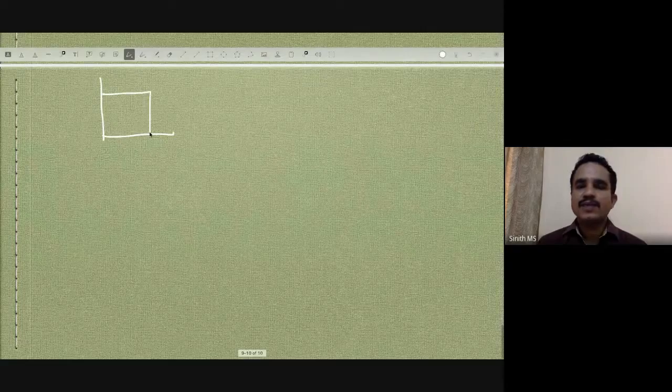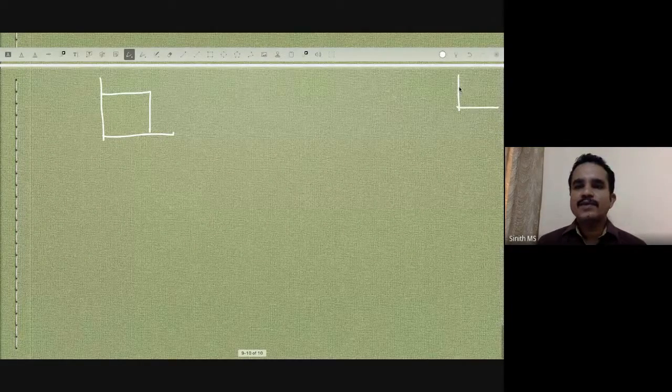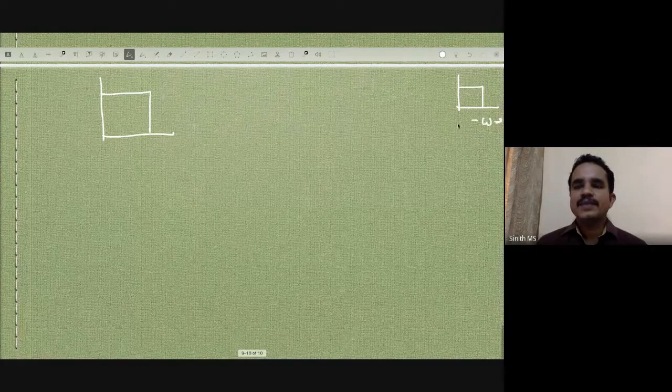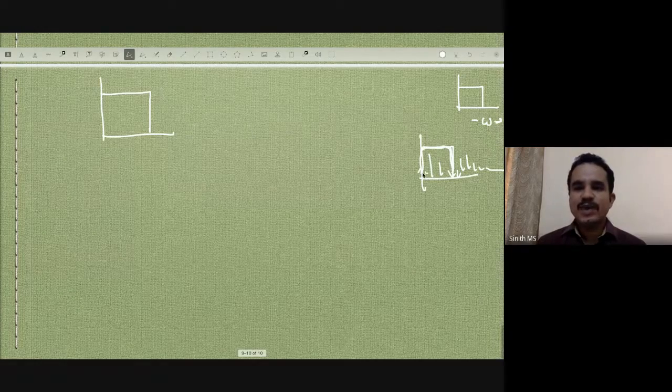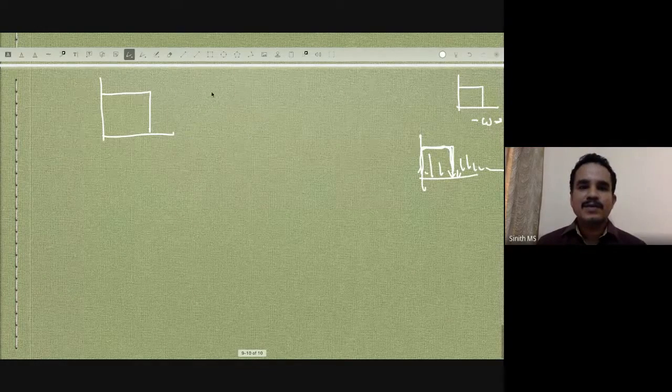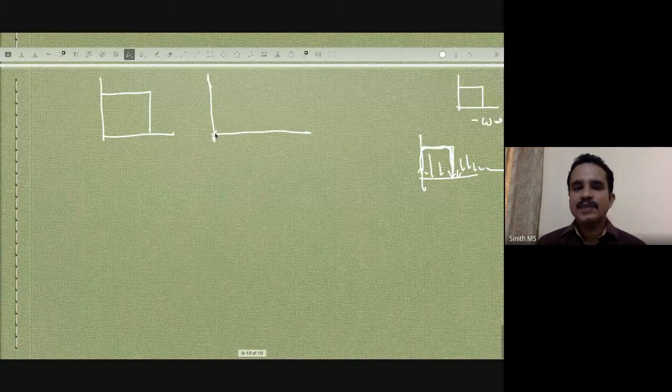Once you fix this filter omega, and if you take the inverse DFT, you get a response which may be extending to a large value. So then you take a window over here that makes your approximation. This window can be of any shape. It can be a rectangular window, and it can be a Hanning or Hamming window, as we have discussed last class.